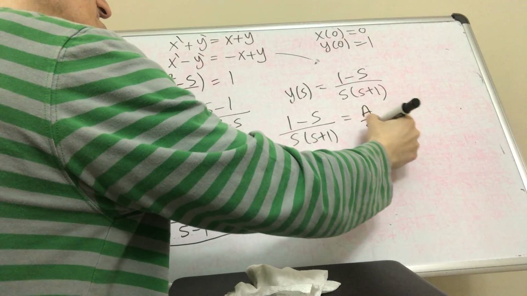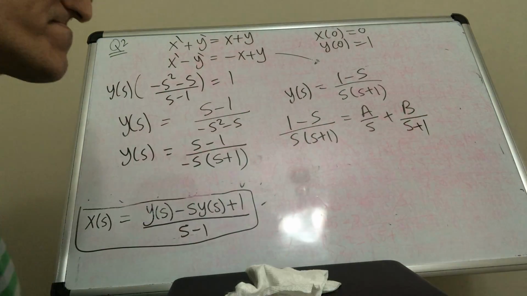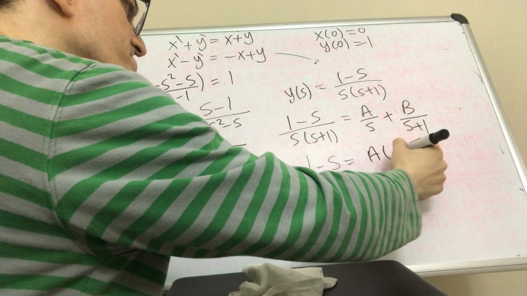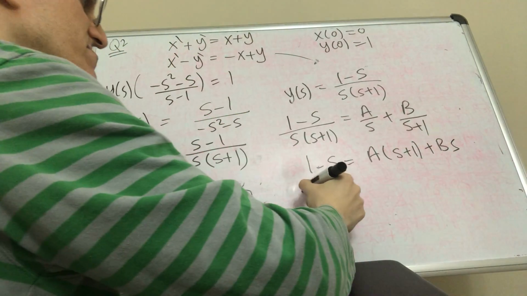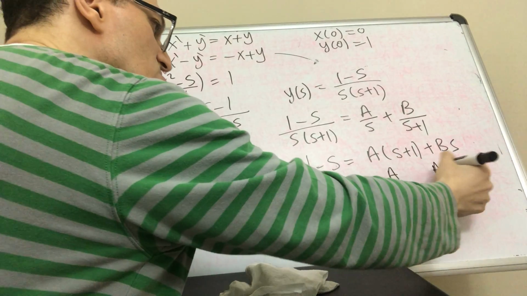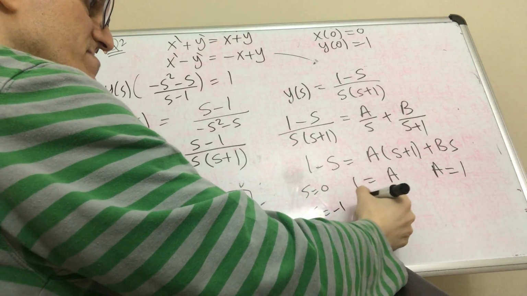So it's a over s, b over s plus 1. Try numbers, 0. So a is 1. Try negative 1.